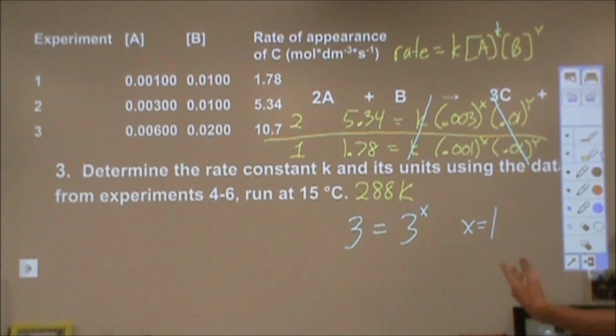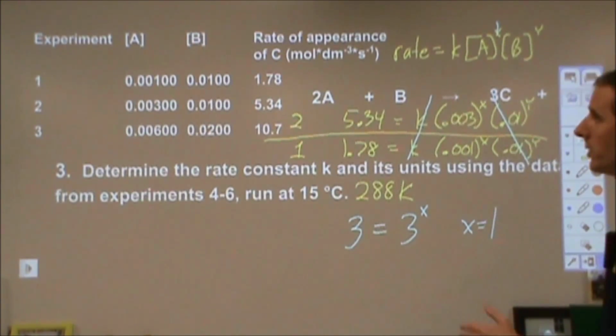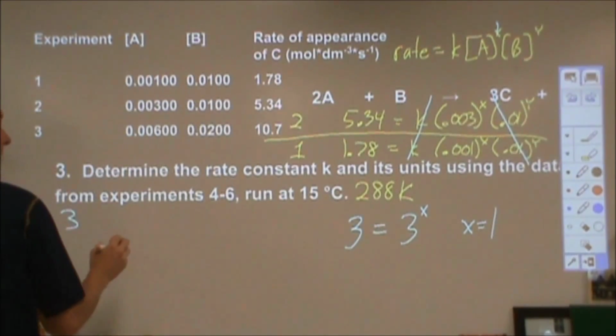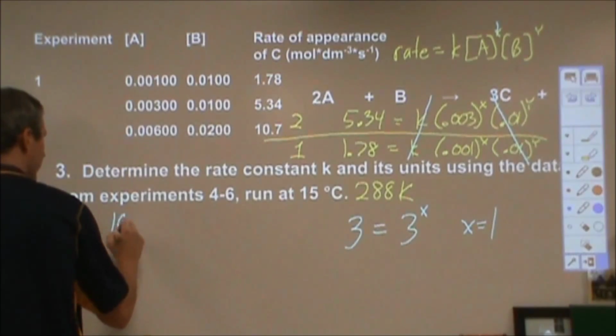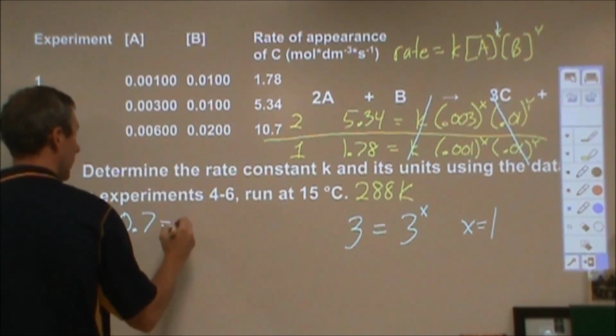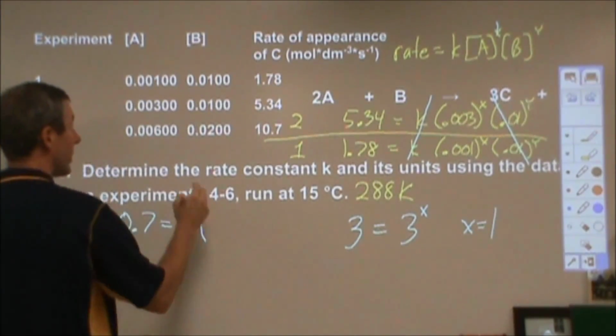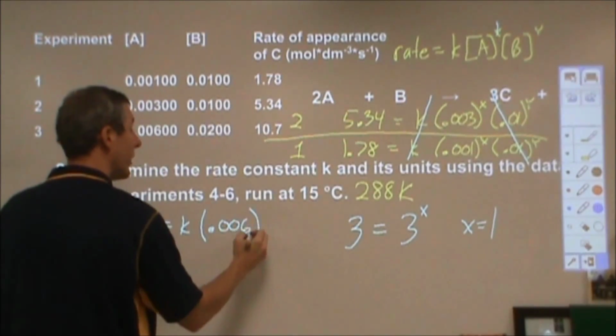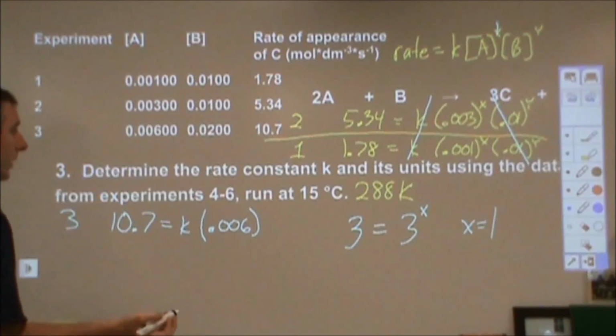Now what we can do with that extra information is we can do another one with experiments 3 and 2. So in experiment 3, I have my rate 10.7 equals my rate constant times A, which is 0.006. And we now know it's to the first power. Okay?